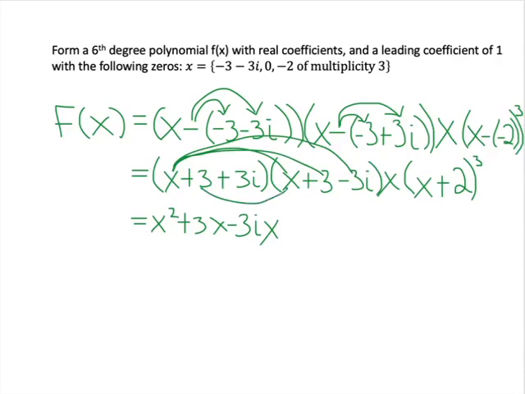And then I have 3 times x is 3x. I have 3 times 3 is 9. I have 3 times negative 3i, that's negative 9i.